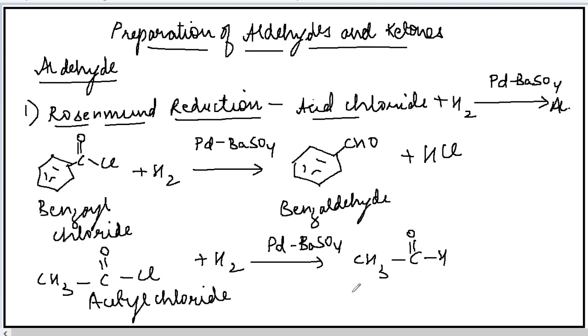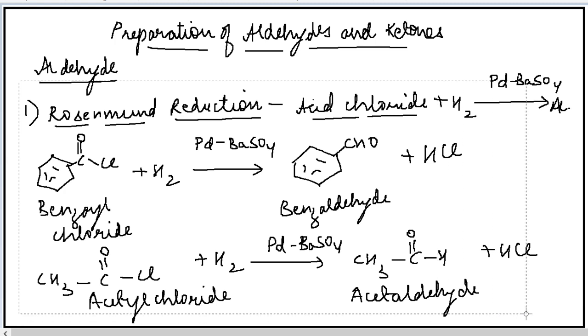The aldehyde that is produced is acetaldehyde plus HCl. So this is the first method to prepare aldehyde, that is Rosenmund reduction or reduction of acid chlorides, and the reaction is carried out in presence of palladium on barium sulfate.